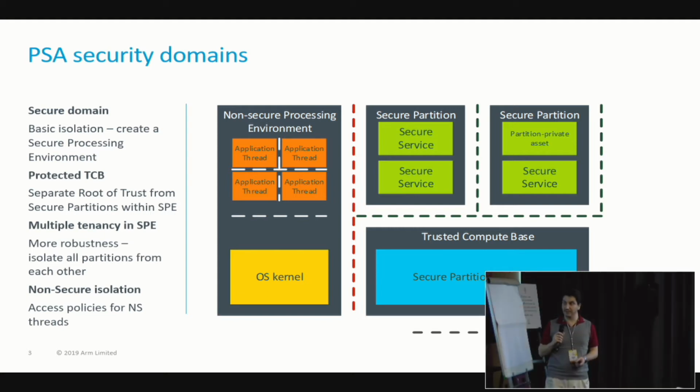This year, higher levels of isolation are definitely on the plate, so we are actively looking at level 2 isolation, and we have had a proof of concept for level 3 isolation, but that is very rudimentary. It's basically a thought experiment that we have in the code base to check what problems we encounter when doing higher levels of isolation. But we are actively looking at level 2, and we have the design there.